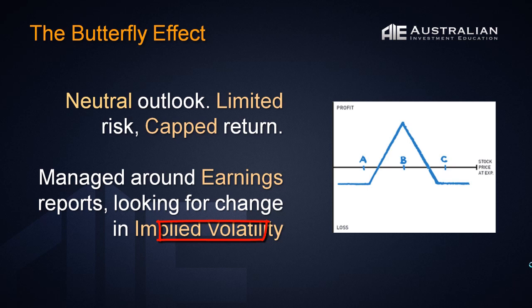And for a lot of the examples that we're looking at, the implied volatility decreases quite sharply. So by identifying these stocks that have high implied volatility, there's a strong probability that once the event occurs, the IV will decrease no matter how the share price reacts. That is, whether it goes up, down, or sideways.